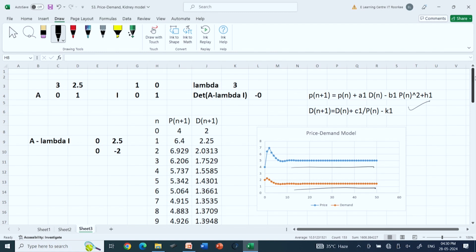With this we come to an end of this interesting price and demand model. What you can do is change the values of the parameters and see how this curve behaves by changing a1, b1, c1, h1 and k1.